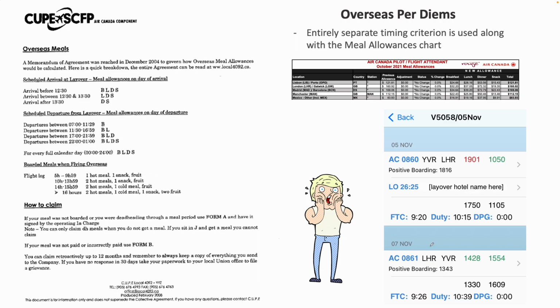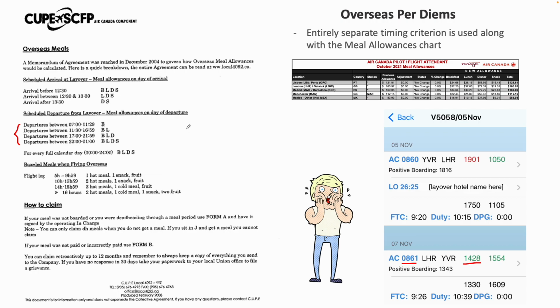Now, November the 7th, that was the date of Flight 861 leaving London, going back to Vancouver. The flight departed London at 2:28 p.m. local time. And to figure out the meal allowances we are entitled to on the day of departure, we look at this section of the Mystery of Meals, where there are 4 choices given to us.